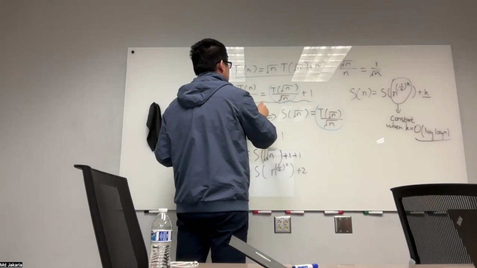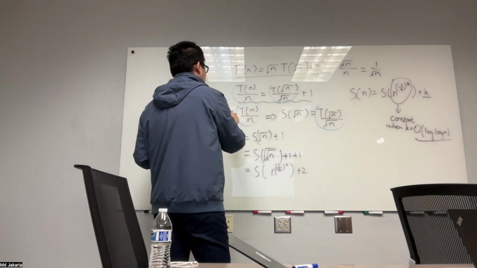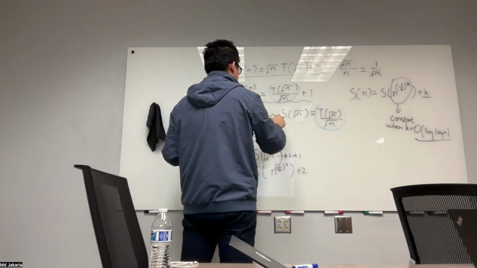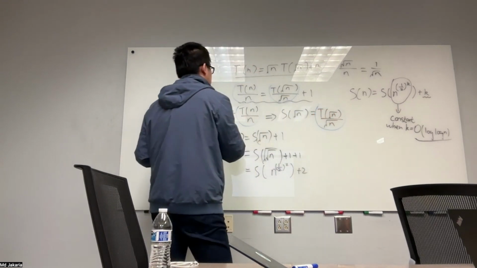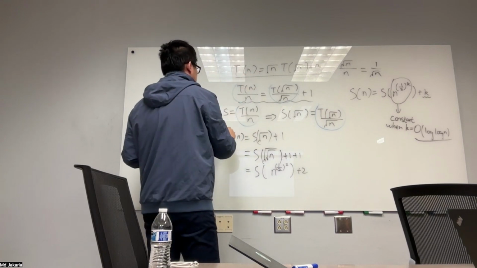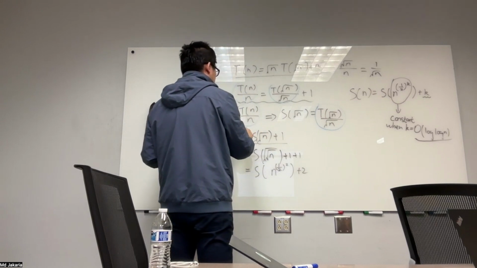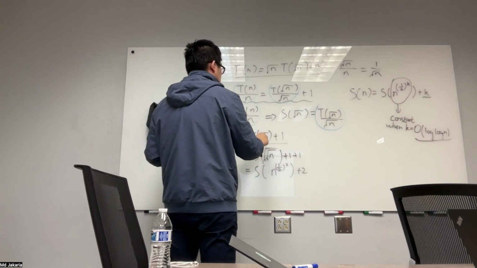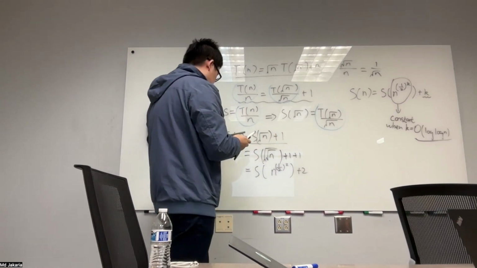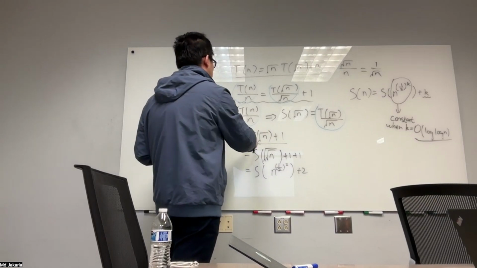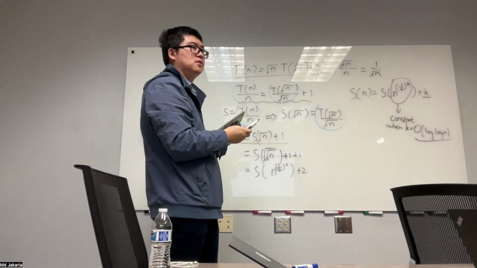But if we divide it by n and come up with an S, we can express T of n in terms of S, and this S is much cleaner. There's no square root outside, only one square root inside, and then here there's a constant. So we can expand this one. This one is much easier to expand than that one. That's the whole point of substitution.